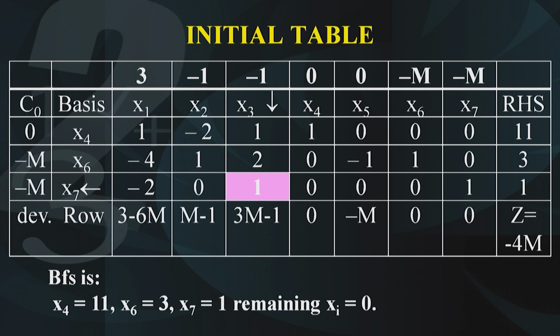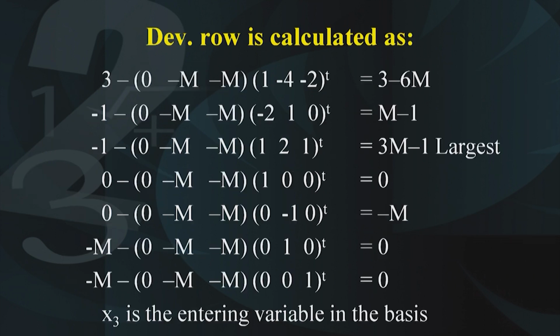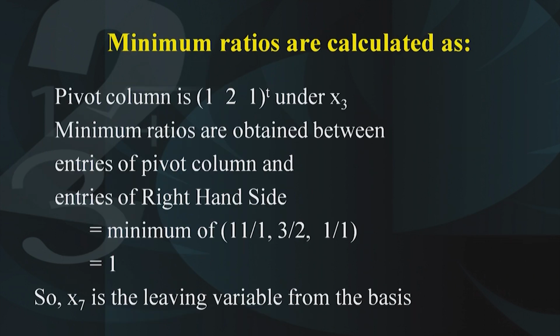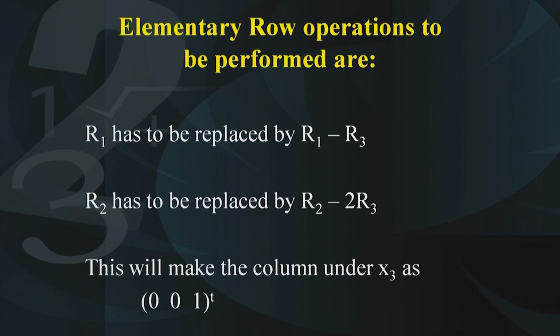0 and 1. So, what are the pivot operations that we need to perform? The elementary row operations to be performed should be R1 has to be replaced by R1 minus R3, and this operation has to be applied to the entire R1, all the entries of R1.